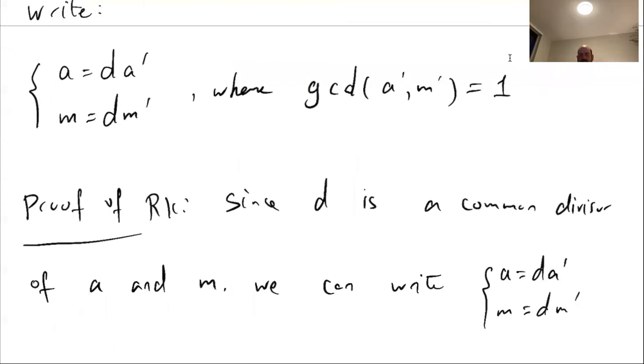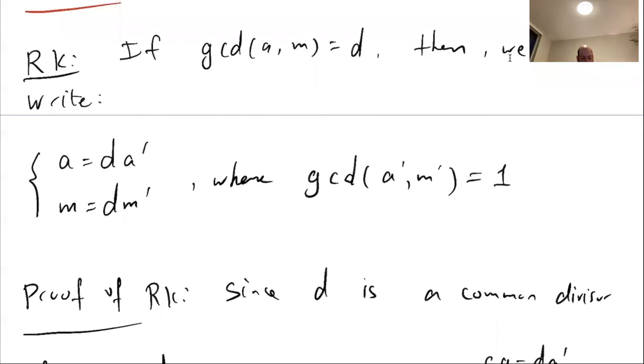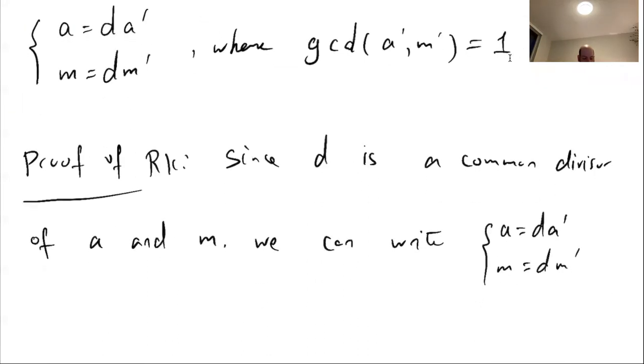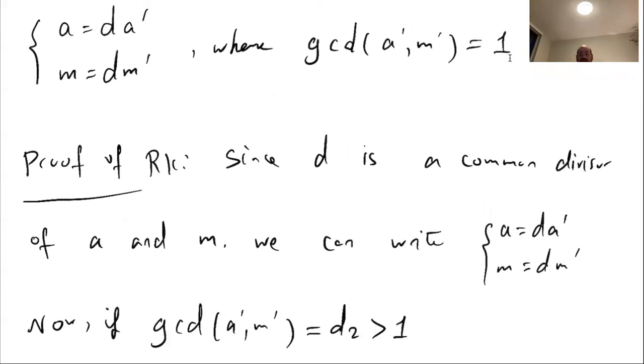So this part is almost obvious, just because D is a common divisor for A and M. Now, why can we say GCD of A prime and M prime is 1? Now, if GCD of A prime and M prime is some, for example, D2, which is bigger than 1. So if it's not 1, I can call it D2.